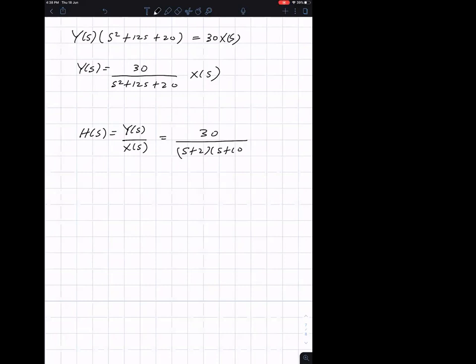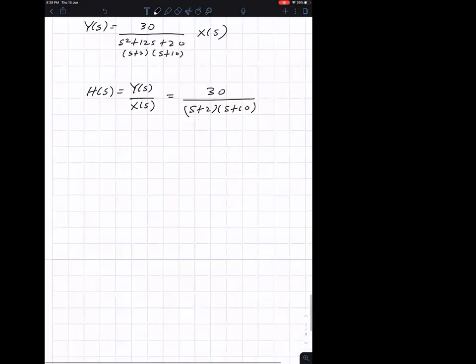If you factor this, you don't have to, but if you like, you can. Okay, this is the transfer function. You have a system and you have H(s). This transfer function is just like a, sorry, this is X(s).